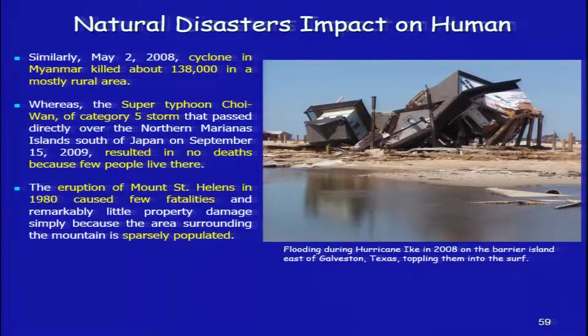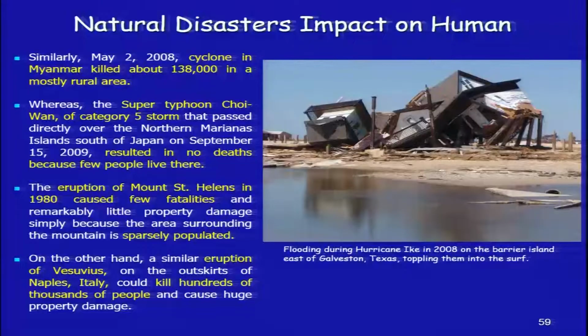Further, there was a volcanic eruption in 1980, Mount St. Helens. Very few fatalities were reported, and remarkably little property damage, simply because the area surrounding the mountain is sparsely populated. So if an earthquake or any hazard occurs in a remote area where the population is very low, it is not hazardous to me or to any one of us.